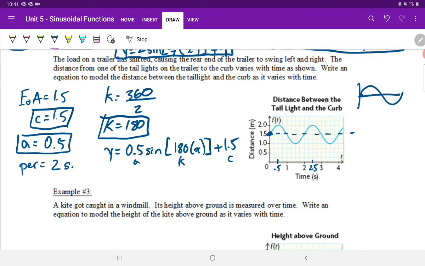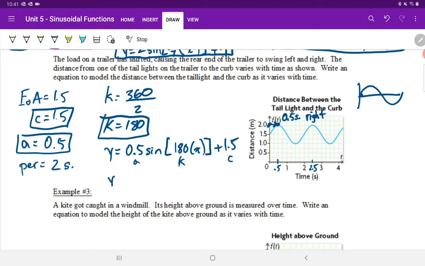But we know that you don't have to choose that equation, right? If you want, you can choose a cosine curve with this much phase shift. So the original would have started at the max. It shifted over 0.5 seconds to the right, which means in my equation, it'll be minus 0.5.